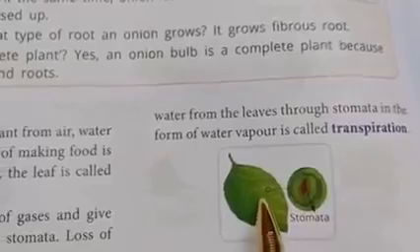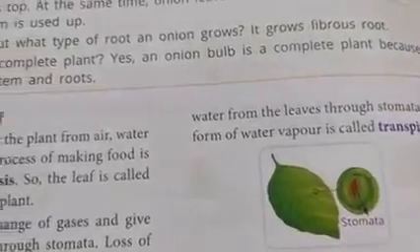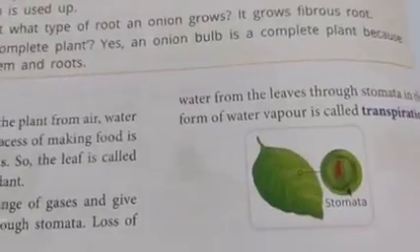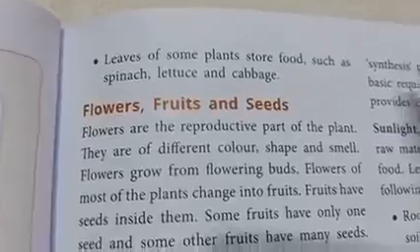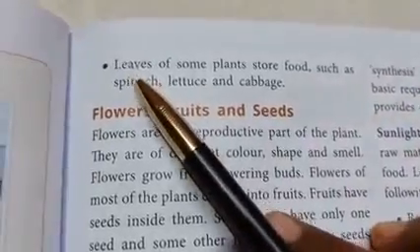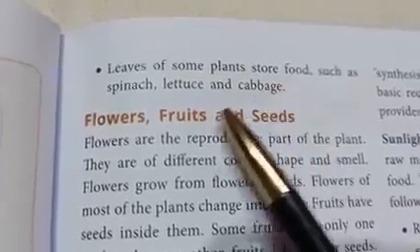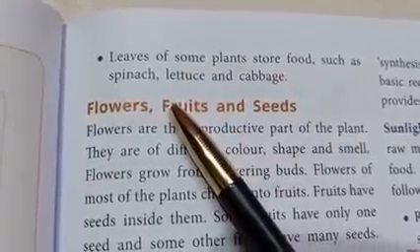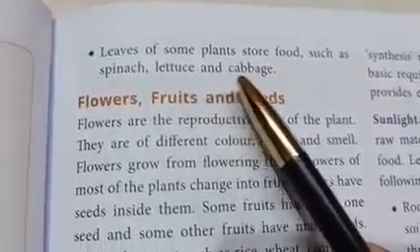The tiny holes present on the surface of the leaf. Got it? Leaves of some plants store food, such as spinach, lettuce and cabbage.